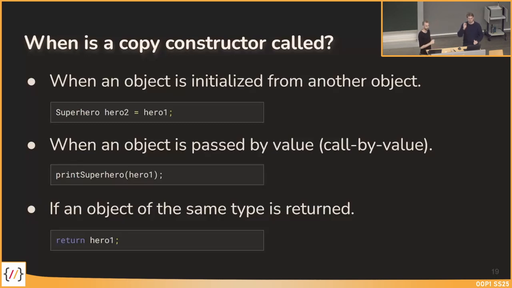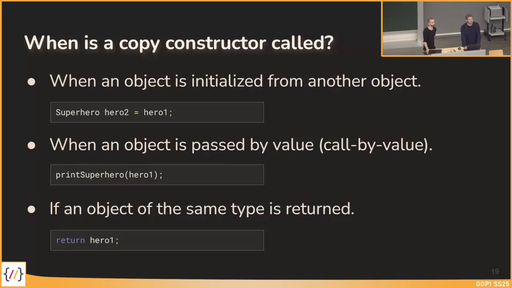So again, if you hand over objects, use references to avoid copies, because otherwise the copy constructor is called. And also if you return objects, it's pretty much the same as the second point. A copy is returned, so the copy constructor is called.